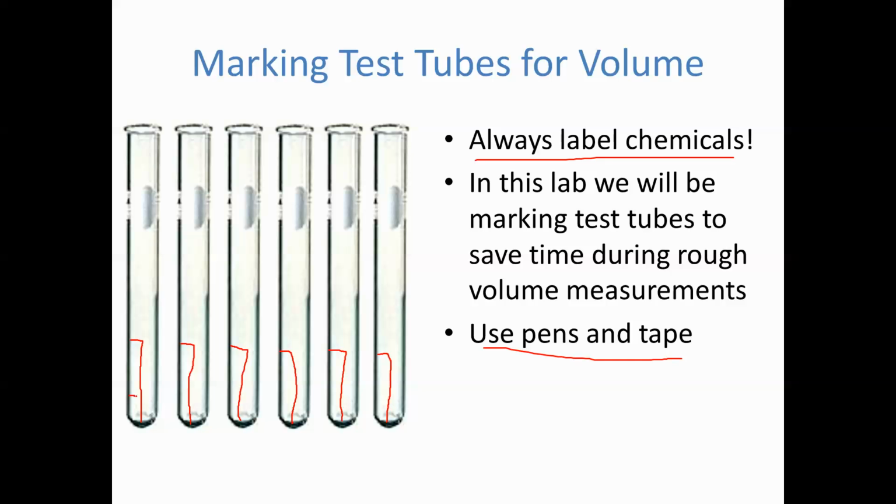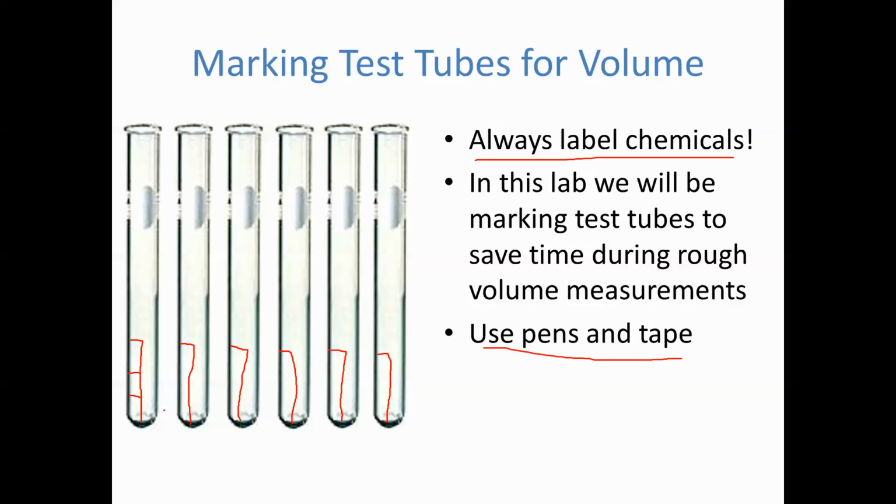And you want to mark the tape to show that 1 milliliter mark on that test tube. And then you're going to add another milliliter and make another mark on that tape. So now you have a 1 and 2 milliliter mark on your test tube. It's going to give you some pretty decent rough measurements, good enough for our purposes, about what 1 milliliter and what 2 milliliters looks like in these test tubes.